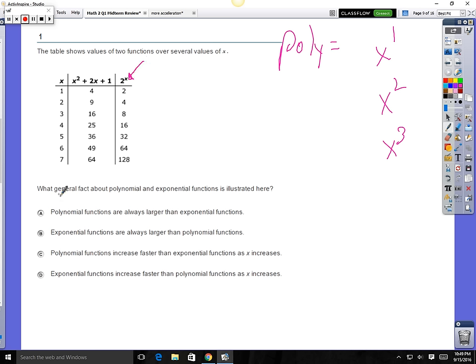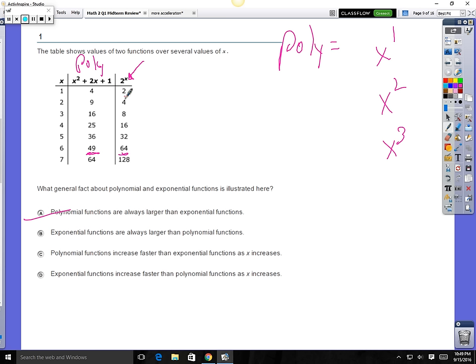So here we go. What fact about polynomial versus exponential is illustrated here? Polynomial functions, that's these guys, are always larger. Okay, 4 is larger than 2, 9 is larger than 4, larger, larger, larger, until you get right here. 49 is not larger than 64, so it's not A. Exponential functions are always larger.